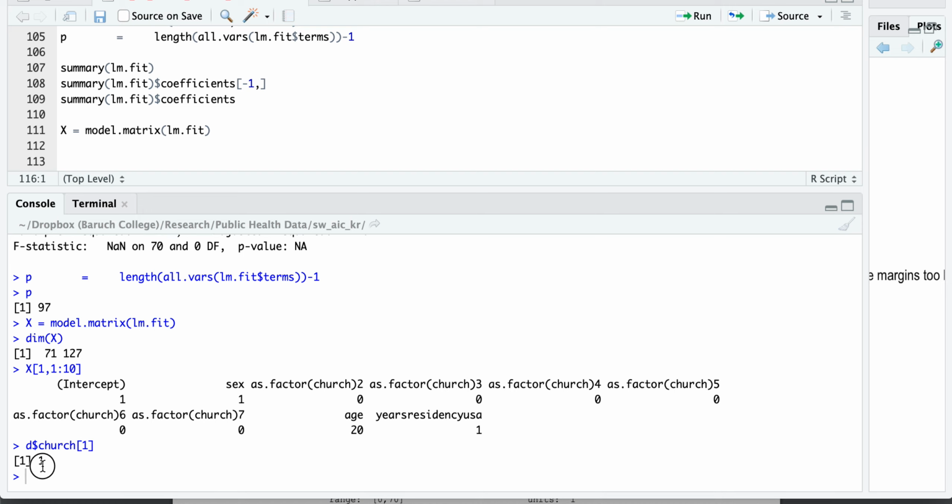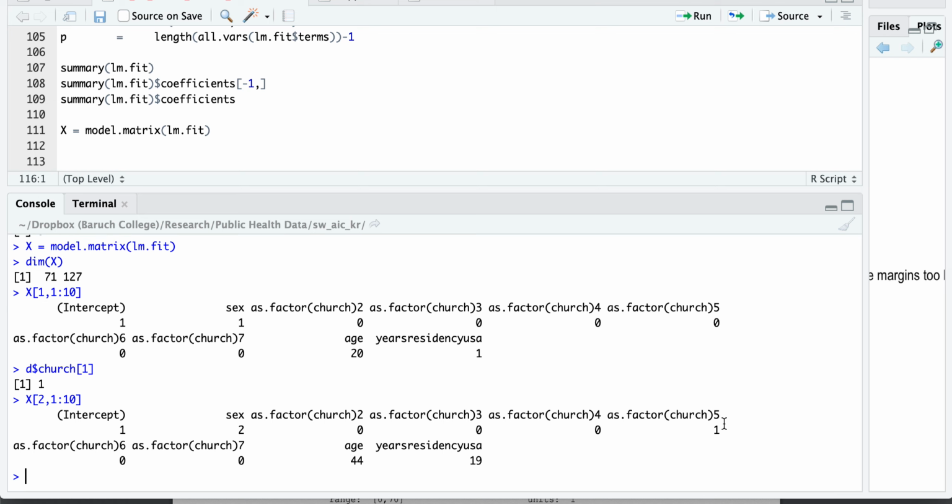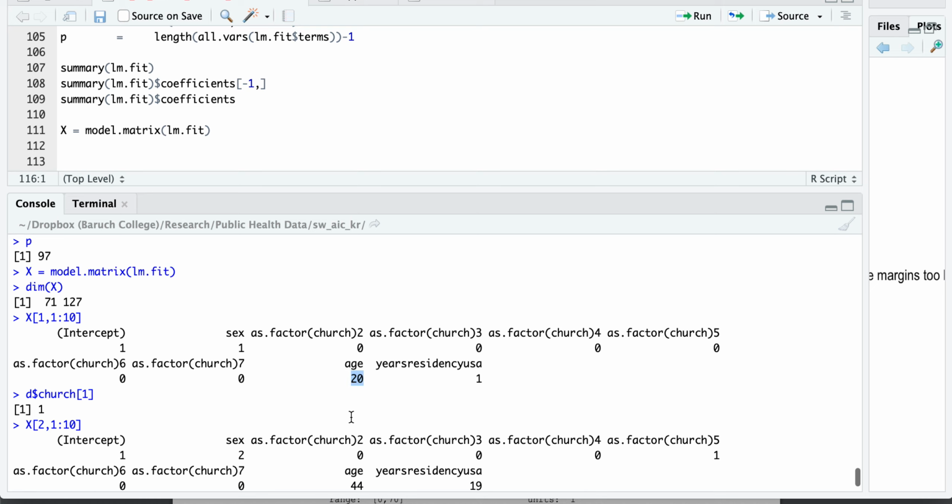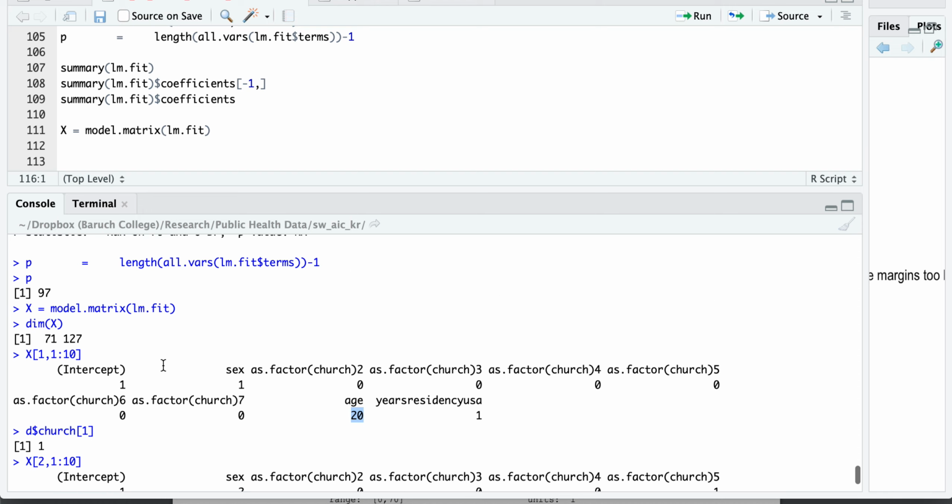You see it's 1. It's 5 here. Then you see age, 20 years in the residence in the US. So anyway, here we have our friend, the X matrix.